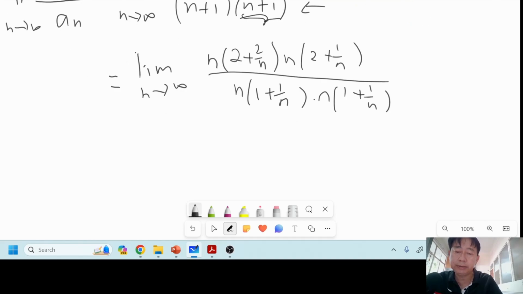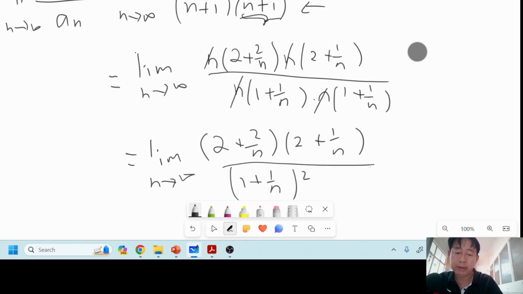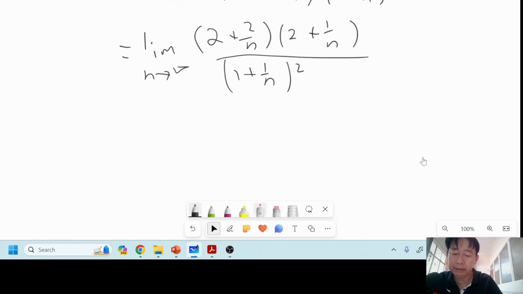So here you can see the cancellations of the n both in the numerator and the denominator. Then when you simplify it further, you get just these very simple expressions. In the limit n goes to infinity, these terms just go to 0, and what is left is 2 and 2, which is just equal to 4.